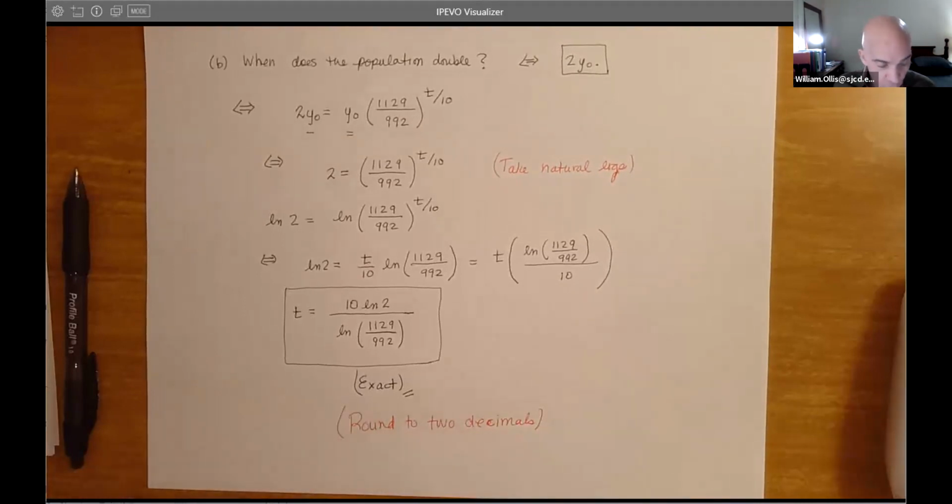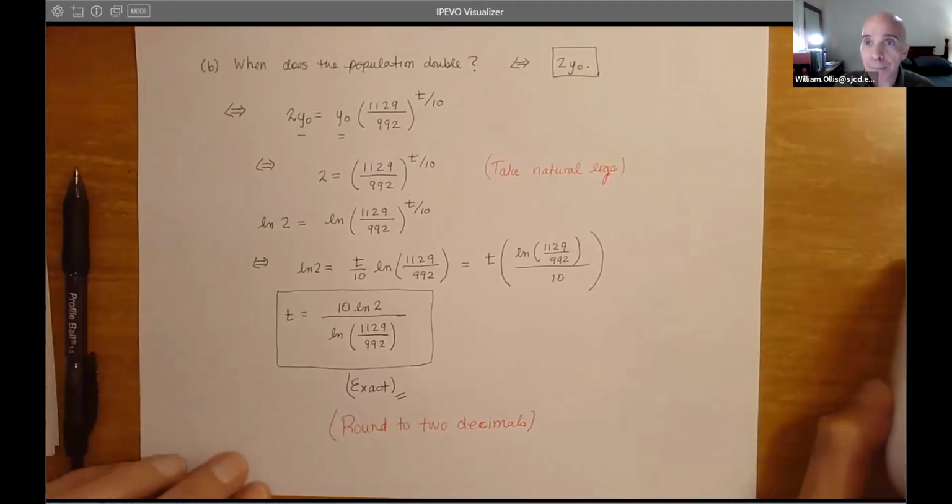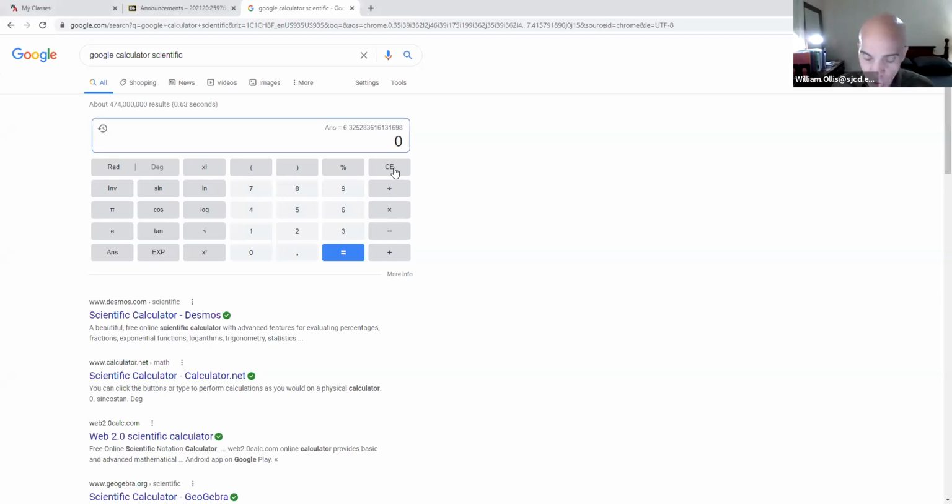So let's go to our Google calculator. It's got our last computation on it, so let's clear that out. So now we can do in the numerator 10 times, again, this is our calculus approximation, which is fine at this point. Like on the test, I could just say, give me the exact year, and that would be the end of the problem. I'm just approximating it so you can get some practice using Google. This is a great calculator.